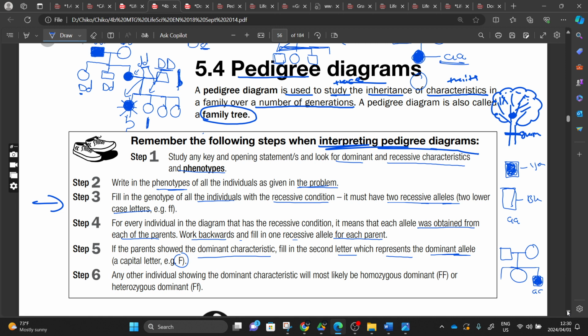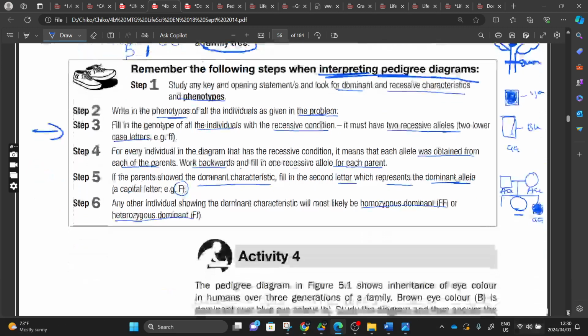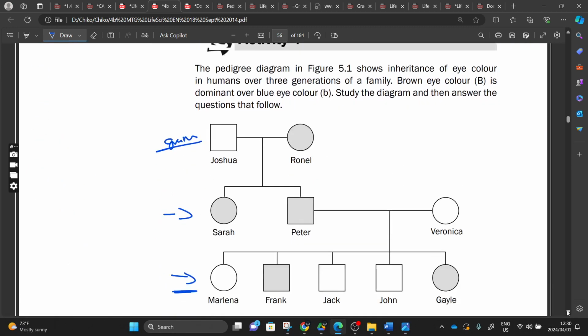You know that this sibling was aa, and he got it from small letter a and then small letter a. But since we have a capital letter here, you can now come and join something like this, right? For this here to be normal. You get me? So any other individual showing the dominant characteristic will most likely be homozygous dominant or heterozygous dominant, right?